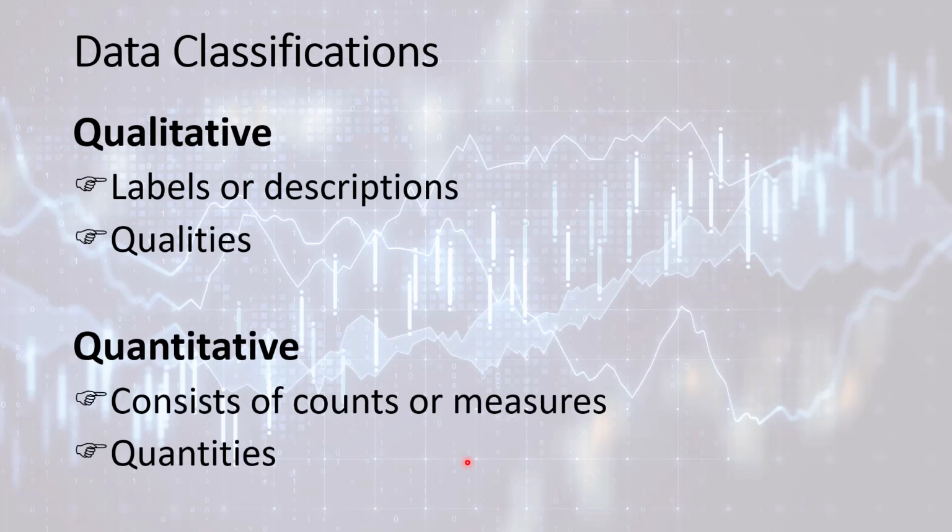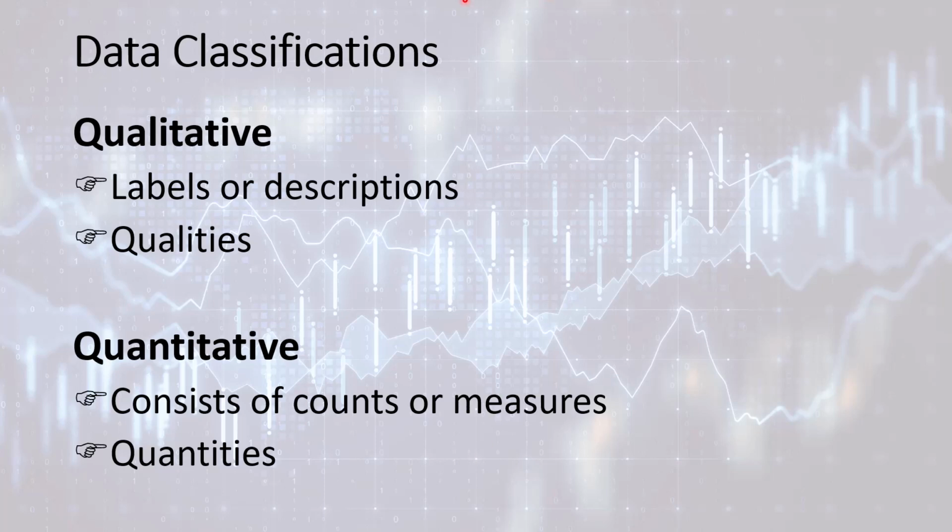Quantitatives consist of counts or measures, or they're specifically quantities, like the height of all the doors in the building, the number of doors in the building, the number of shades of red. Those are all quantities that can either be measured or counted. So keep in mind that a quantitative classification will always be a number.